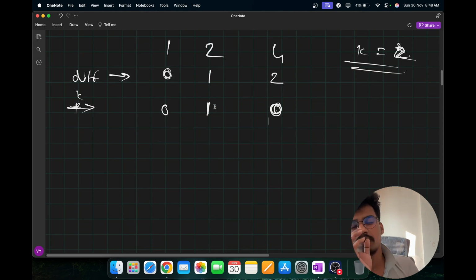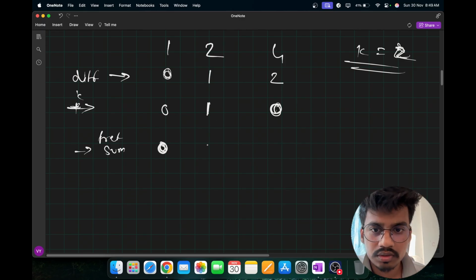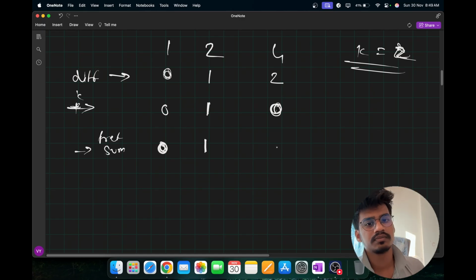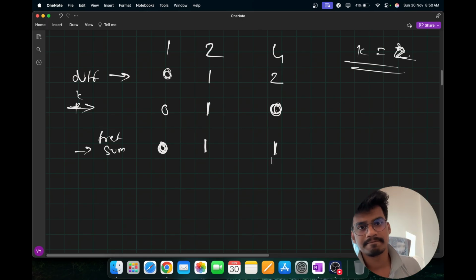Great. Now let's calculate the prefix sum. Here it is 0, here it is 1, here again it is 1 plus this 0, which is equal to 1.